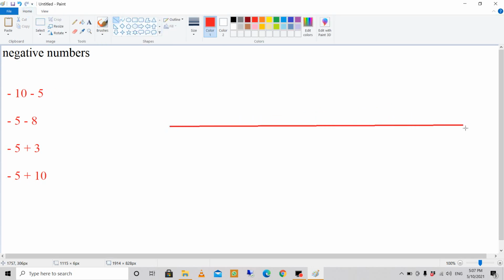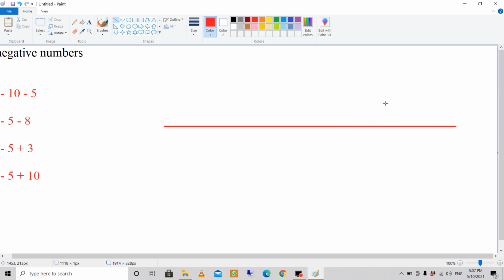So this is the number line. You can do the simple mathematics by using your mind, but I'm drawing the number line just to explain everything in detail. So this is 0. On the right side we have positive numbers, and on the left side we have negative numbers.